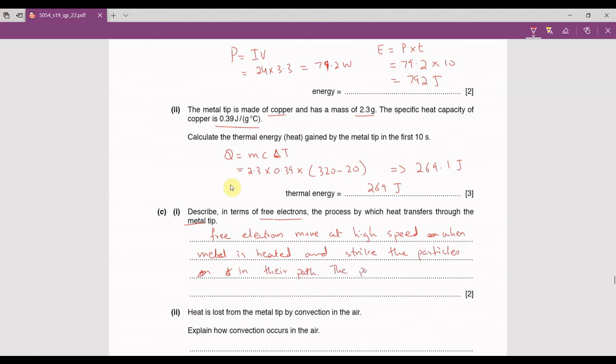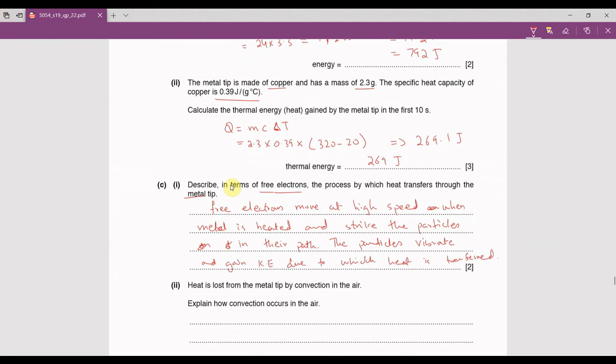The particles vibrate due to this and gain kinetic energy, due to which heat is transferred through the metal.